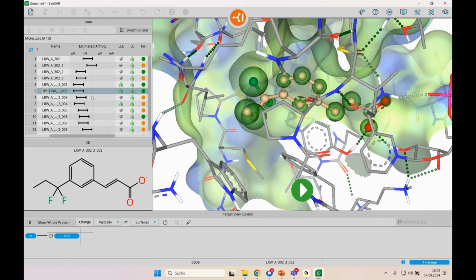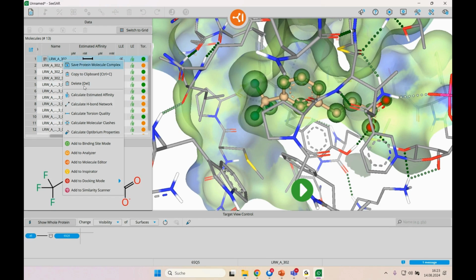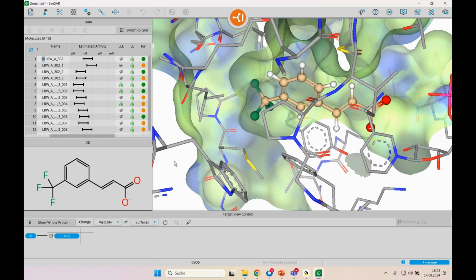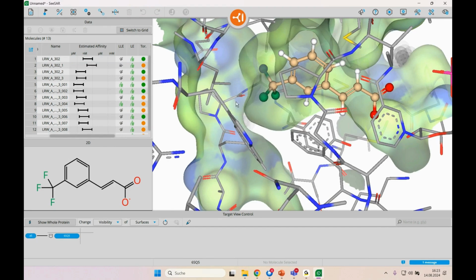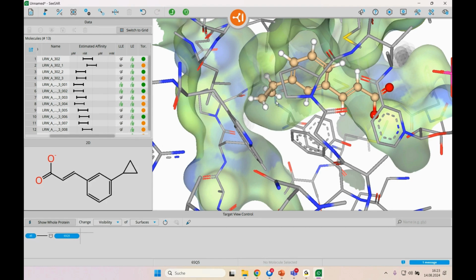What one could think about is, if I now use this one, and if this one fits, I would ask myself if maybe something cyclic can do the trick as well. So I would just close a cyclopropyl here and do some template-based docking.